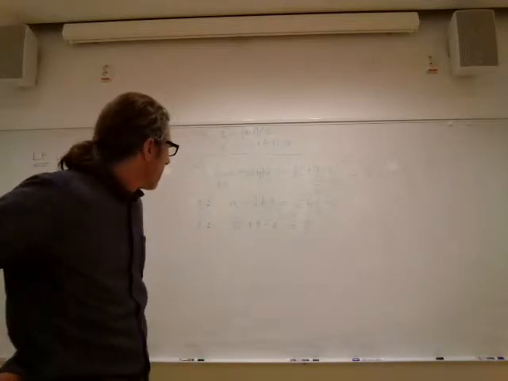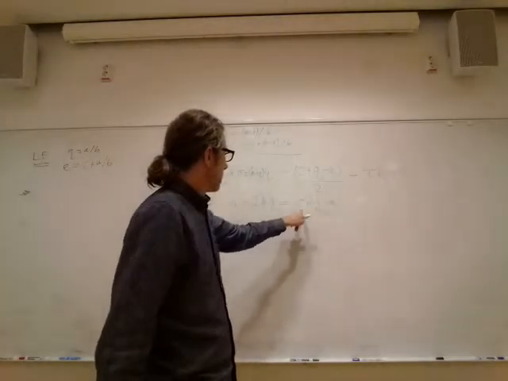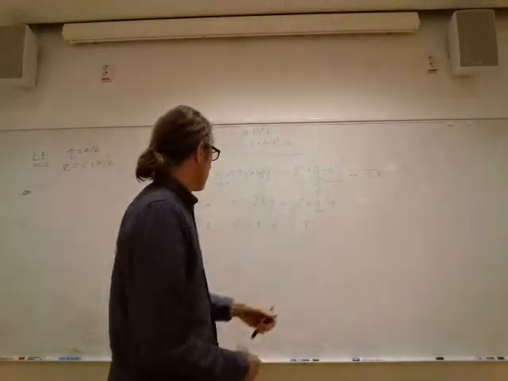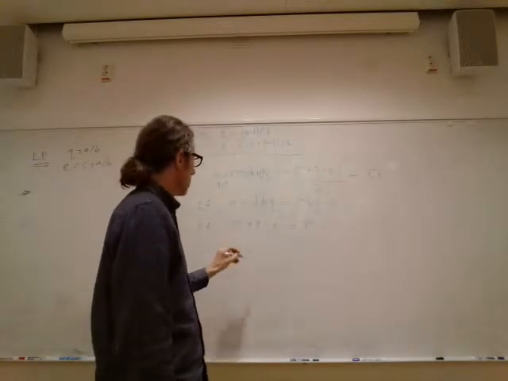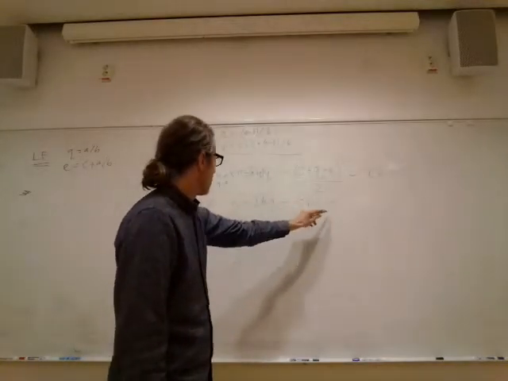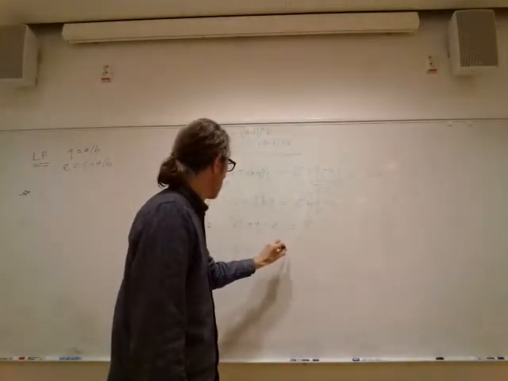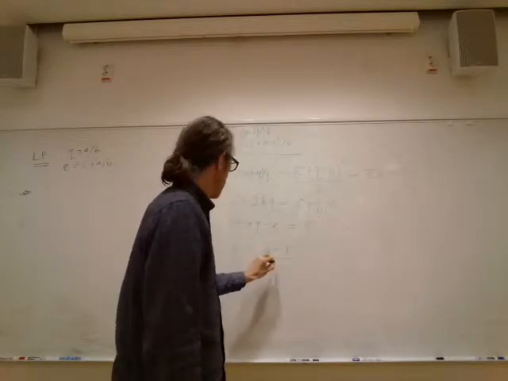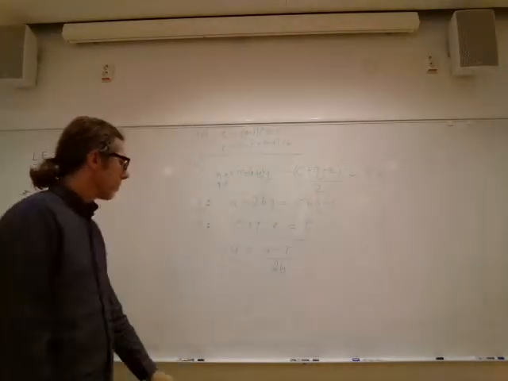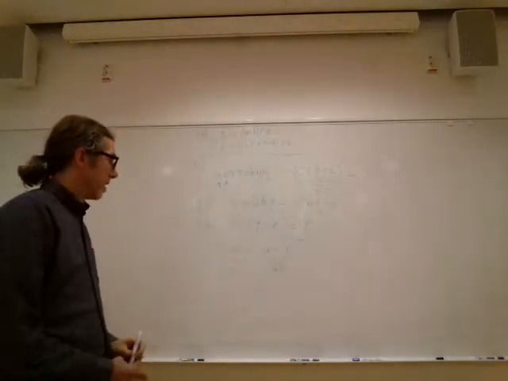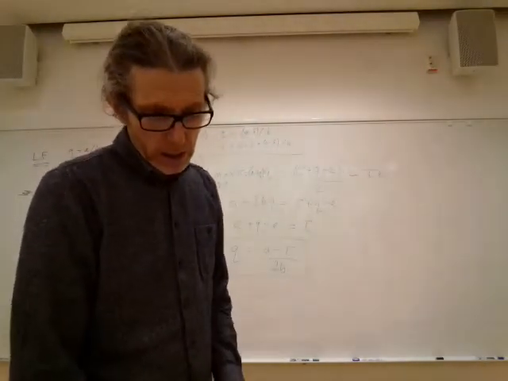And how do we carry this on? Well, C plus Q minus E is tau, there's C plus Q minus E, so we can stick the tau in here, and then we can solve for Q, can't we? Q is (A minus tau) over 2B. That's Q. And what's E going to be?